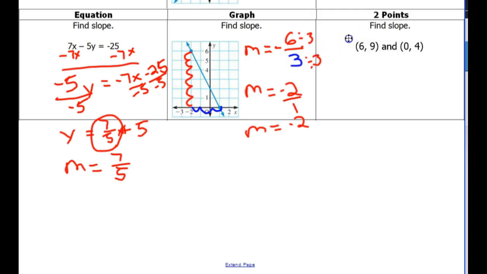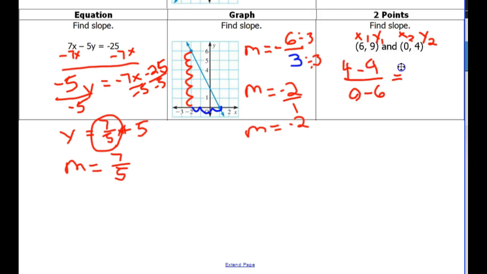Over here we are going to have an x1, a y1, an x2, and a y2. So we know our y2 is 4, and our y1 is 9. We know our x2 is 0, and we know our x1 is 6.